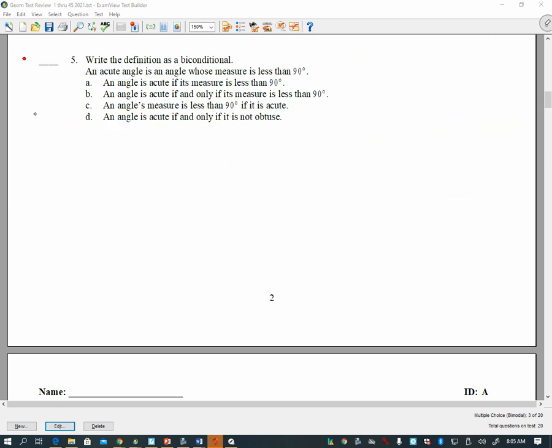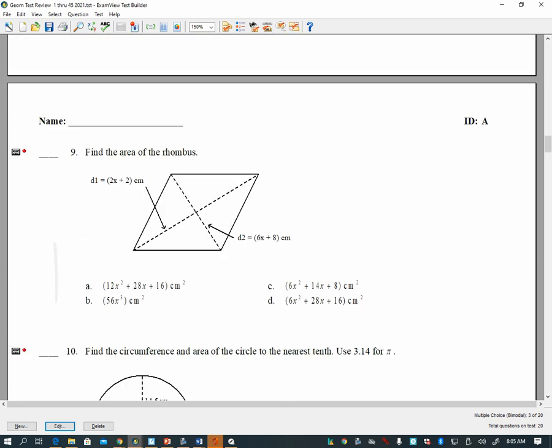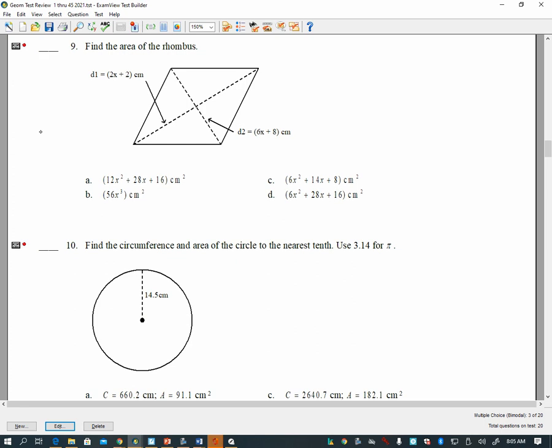All right, after that we have number 9. Number 9 is finding the area of a rhombus. Does anybody know what the formula for finding the area of a rhombus is?